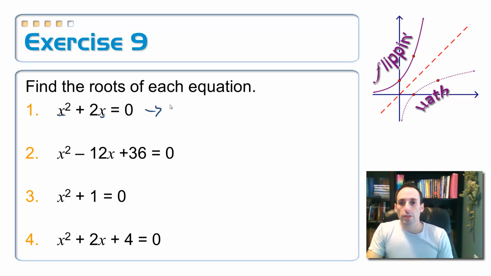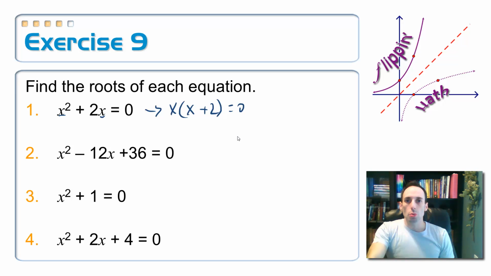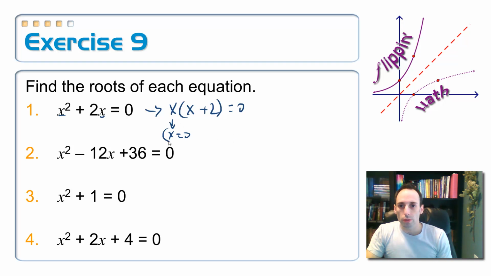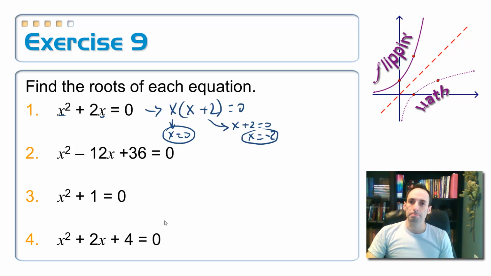So I'm going to factor this as x times x plus 2 equals 0. Okay? So set each one of these factors equal to 0. So the first one is x equals 0. And the other one, x plus 2 equals 0, so x is -2.